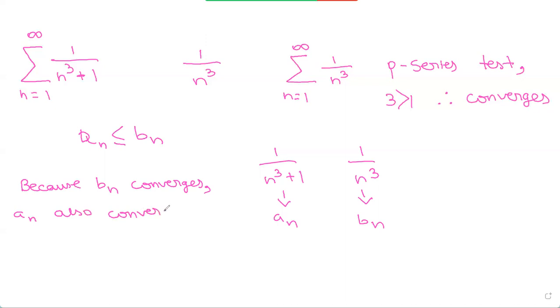Therefore, we were able to determine through the direct comparison test that 1 over n cubed plus 1 converges. So that's how easy it is. We just have to find one series to compare it to, determine whether that converges or diverges, and then figure out which one is a_n and which one is b_n. Let's move on to another example.